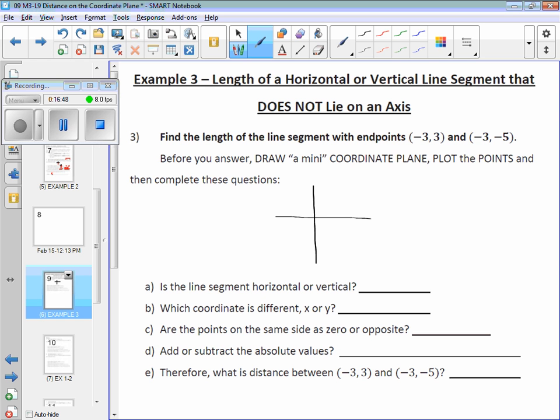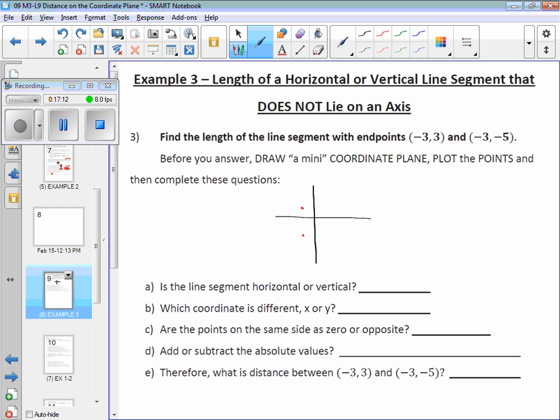All right, -3, and then up. About right? And then -3, -5. About right? Okay. If I were to connect the dots, vertical or horizontal?